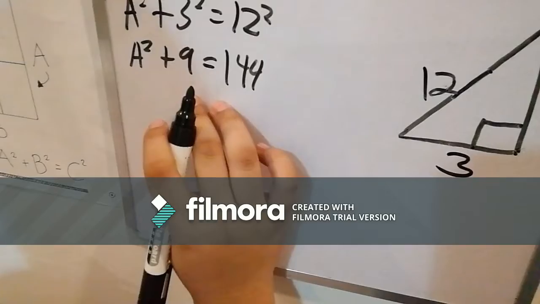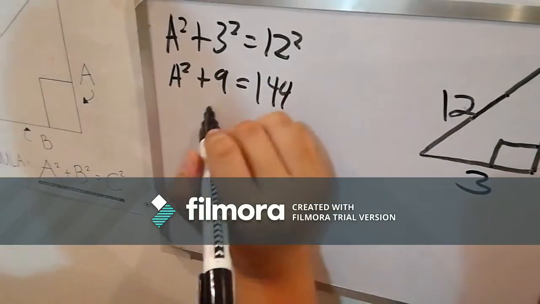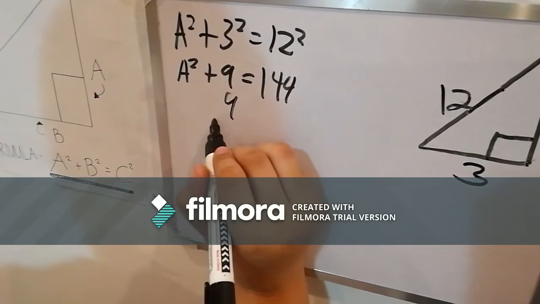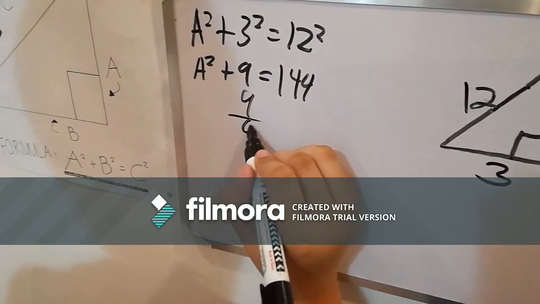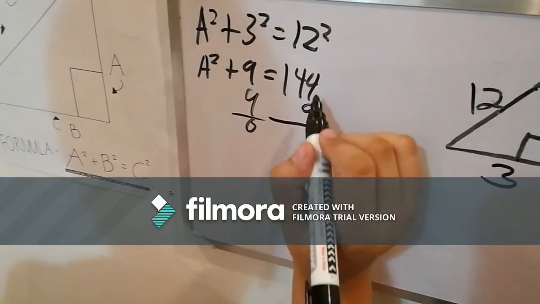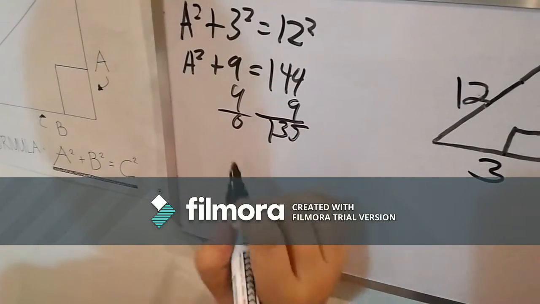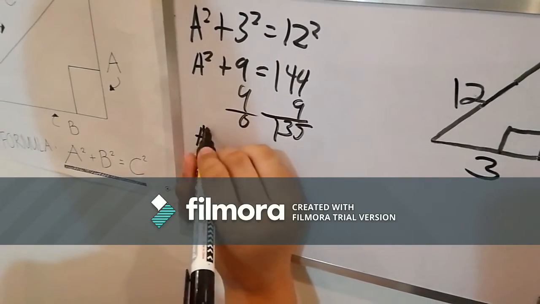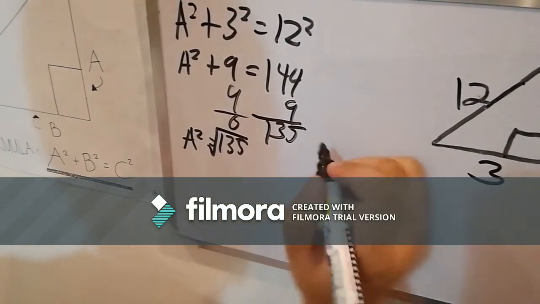The answer is like that because we did the exponents. Then we subtract 9 from both sides, which gives 0, and 9 from 144, which is 135. So a squared is equal to 135. We take the square root.